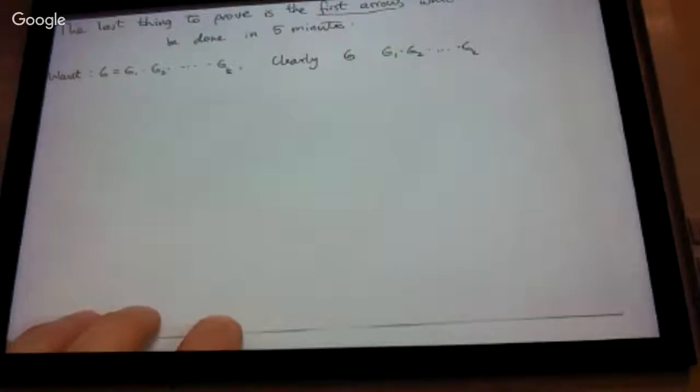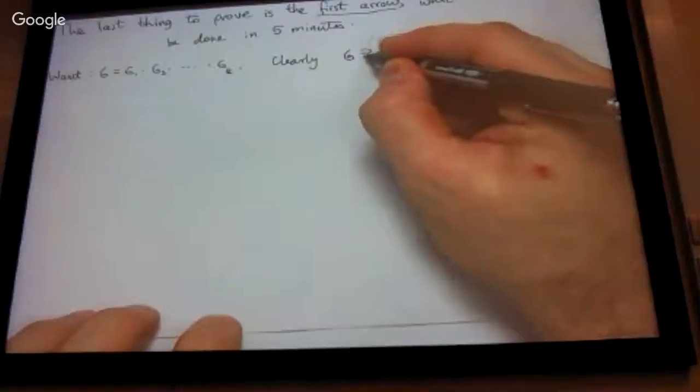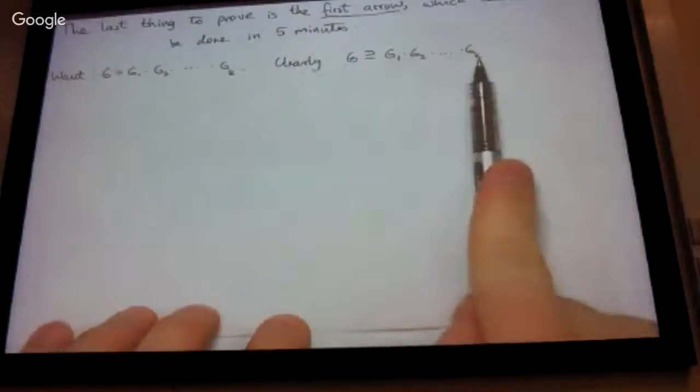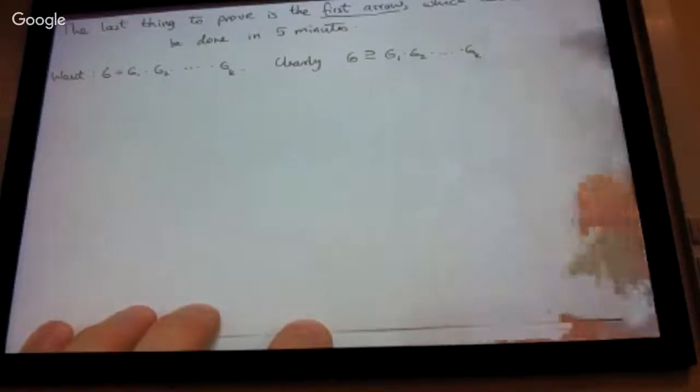Clearly G contains G1 times G2 times up to Gk. G contains the product, because you're just taking elements of G and taking their product, so it has to be in G.